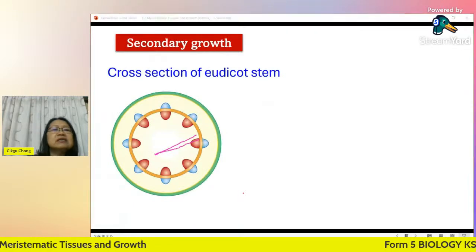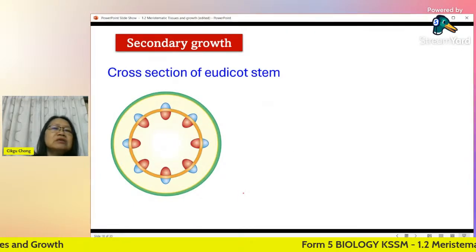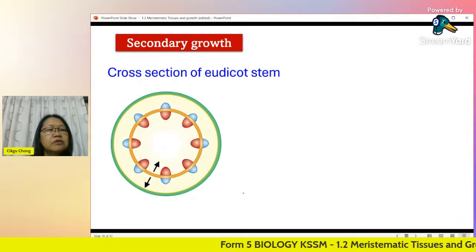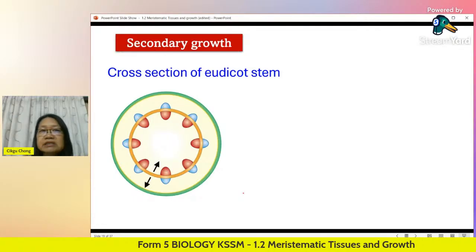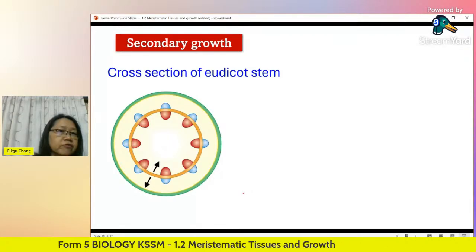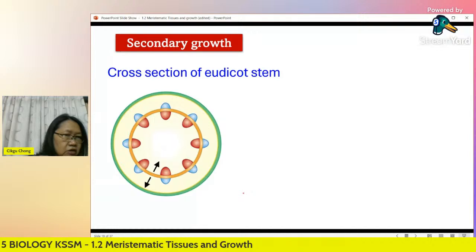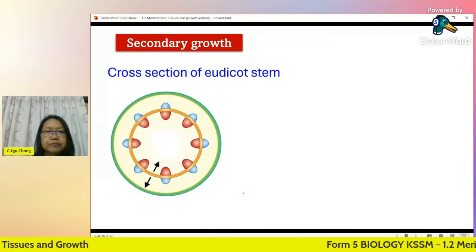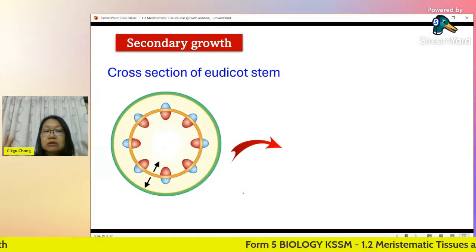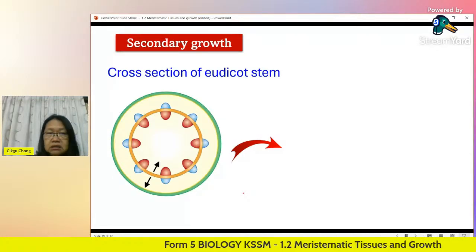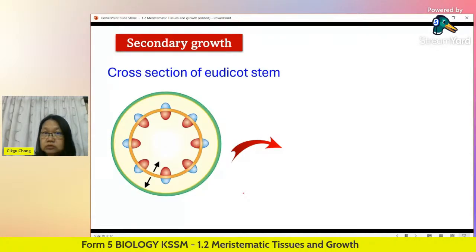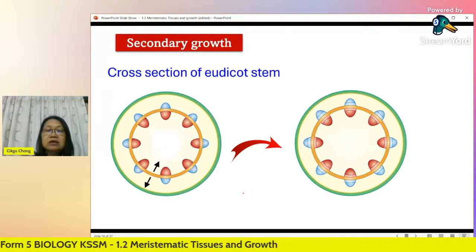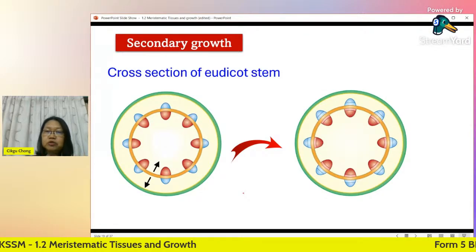Okay, right, next. Now the cross section of a eudicot stem. Let's see how secondary growth happens. First of all, you must look at the cambium. Where is the cambium? Secondary growth involves cambium. You can see this orange line here, which is in between the xylem and phloem. That's the cambium. After repeated cell division, mitosis, you will find that that layer will expand. You will form new cells.